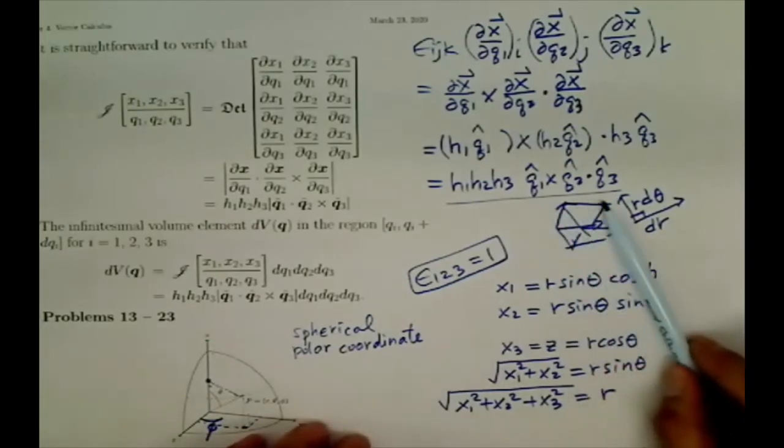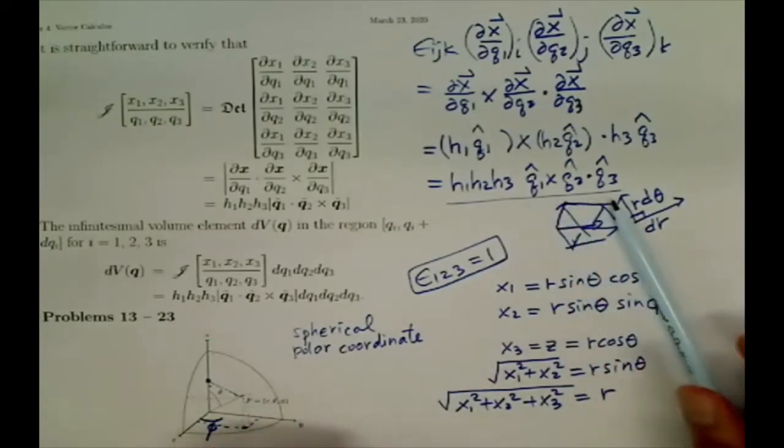So as far as our cases like spherical polar coordinates and cylindrical coordinate systems, in all of these cases we have this triple scalar product equal to 1.